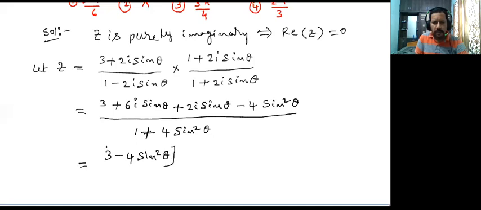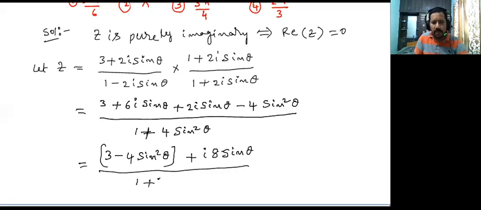This is the real part. Plus imaginary part, observe that totally i into 8 sin theta divided by 1 plus 4 sin square theta. This is the complex number we got after simplification.